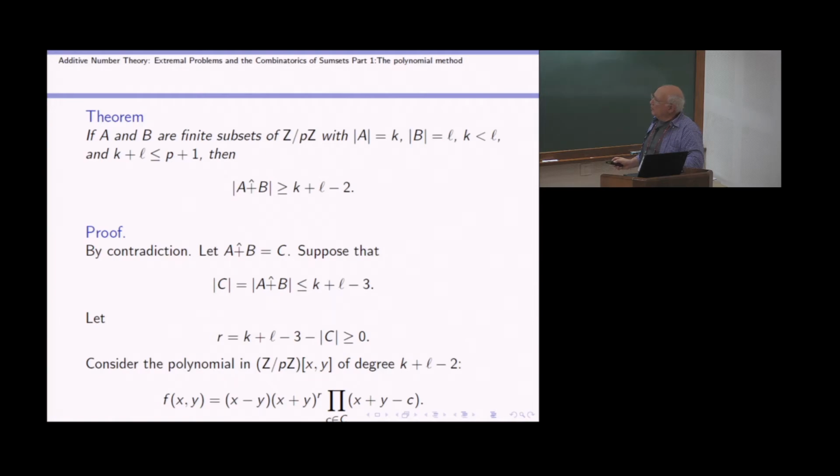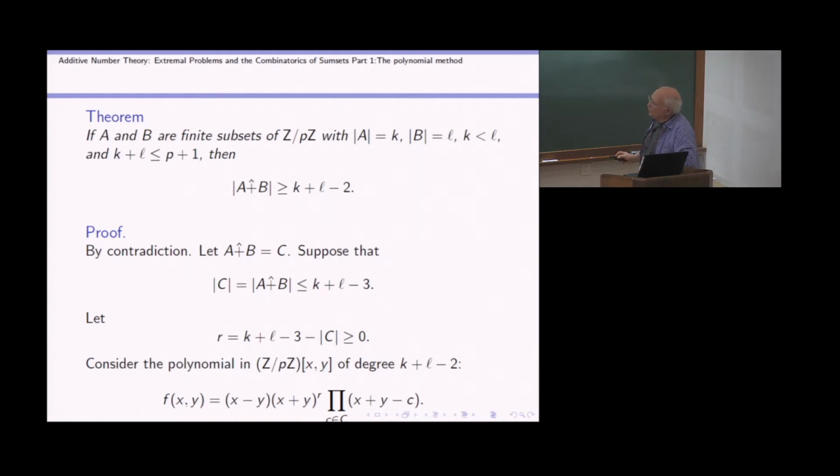We need a polynomial of degree K plus L minus 2, which is of degree at most K minus 1 in X and at most L minus 1 in Y. So here's a polynomial that satisfies the first but not the second of those conditions. The total degree is K plus L minus 2.